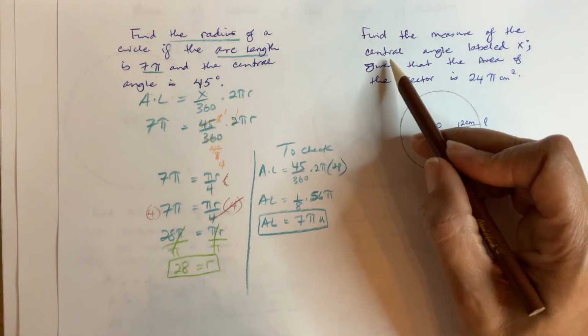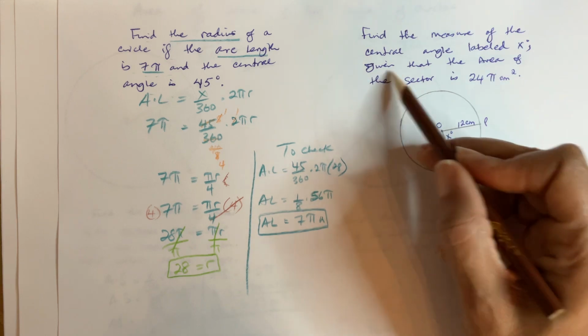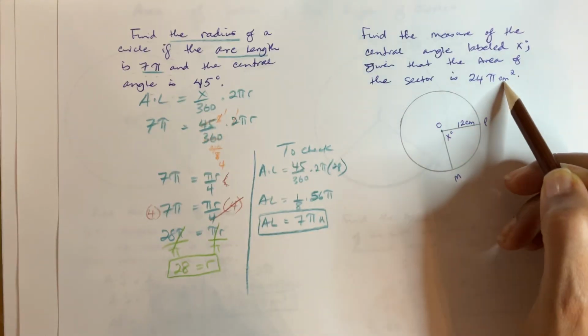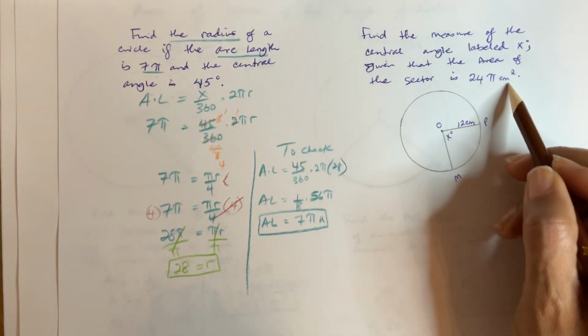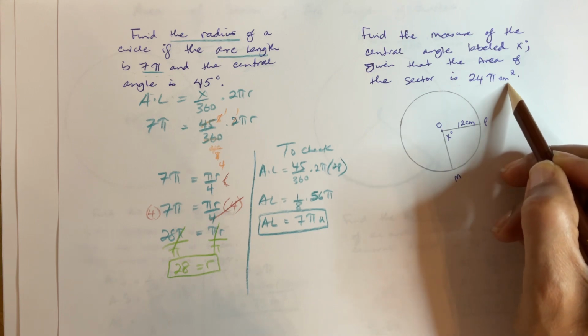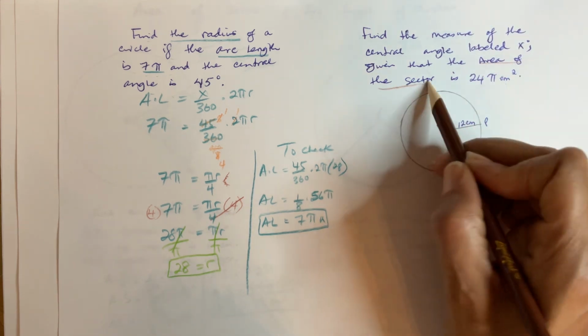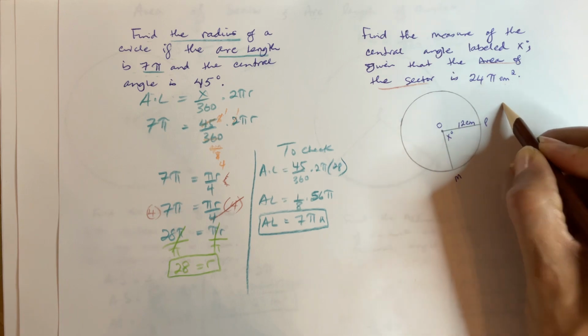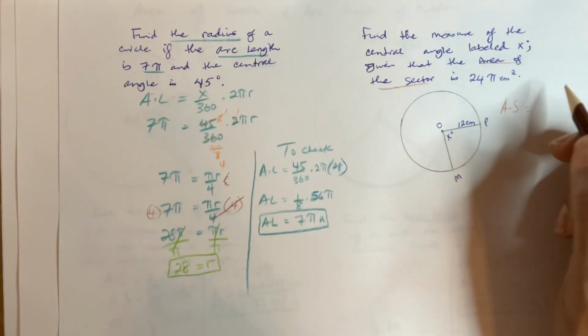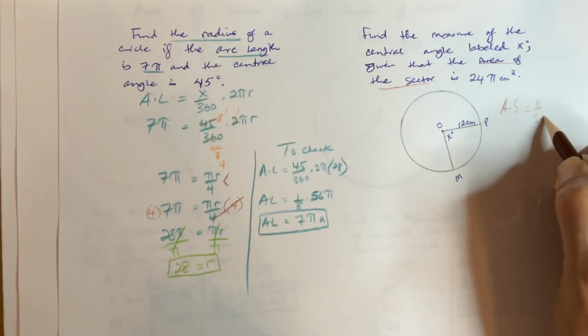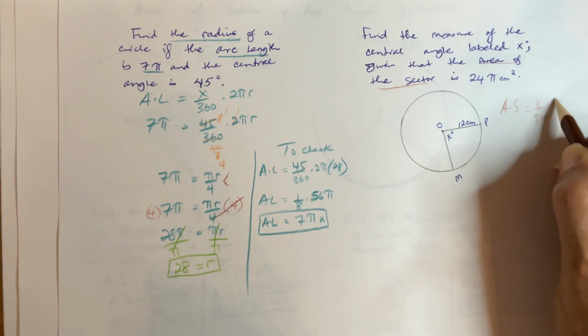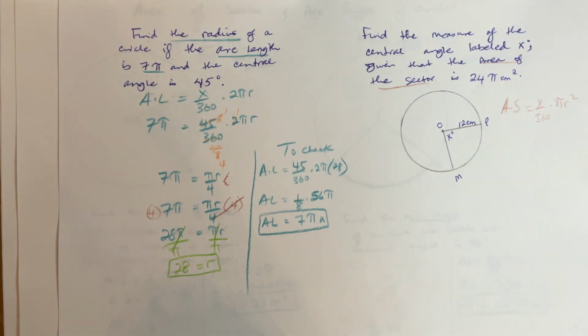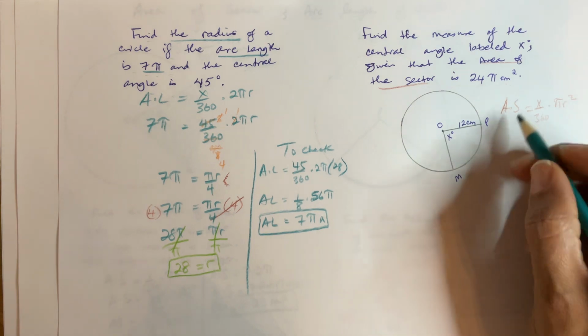Find the measure of the central angle labeled x, given that the area of the sector is 24 pi square centimeters. So for the area of the sector, start with the formula first. Area AS equals x over 360 times pi r squared.